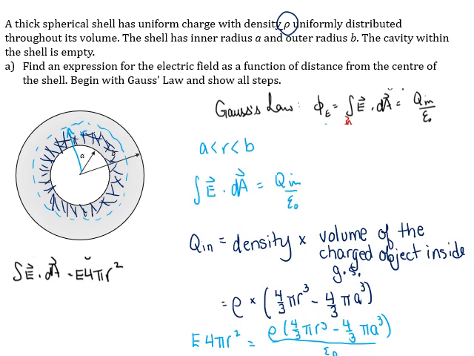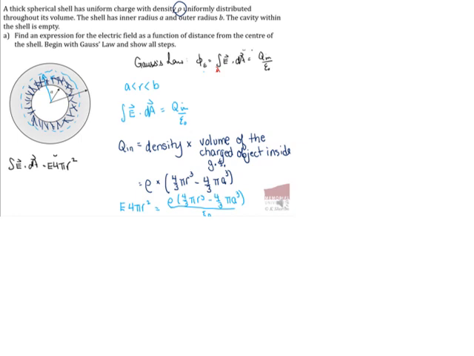Okay, that's close to our answer. Now we want to solve for E. I think first I'll try and simplify my algebra a little bit by taking my 4/3 pi outside. So I've got rho times 4/3 pi times r cubed minus a cubed, all divided by epsilon naught.